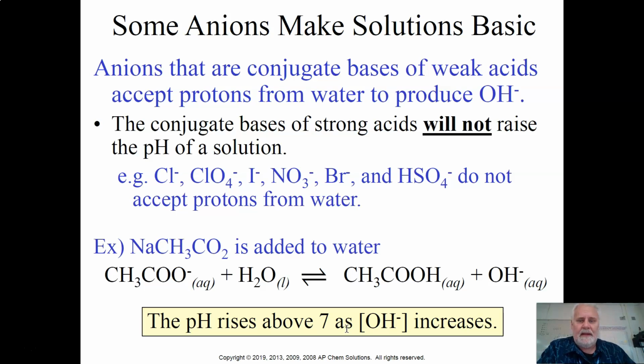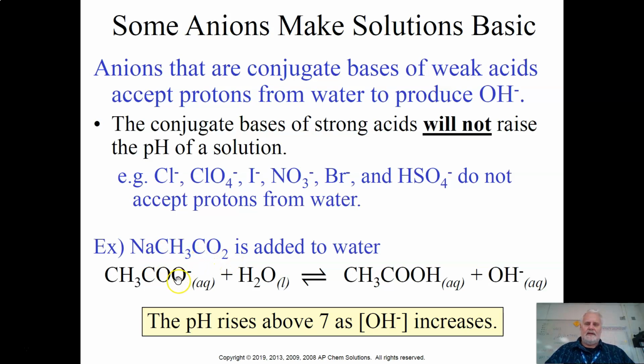And anions can make solutions basic. Anions of weak acids will accept a proton from the water, producing that OH, but the conjugate bases of strong acids will not. So again, know your strong acids, and these guys will not do that.